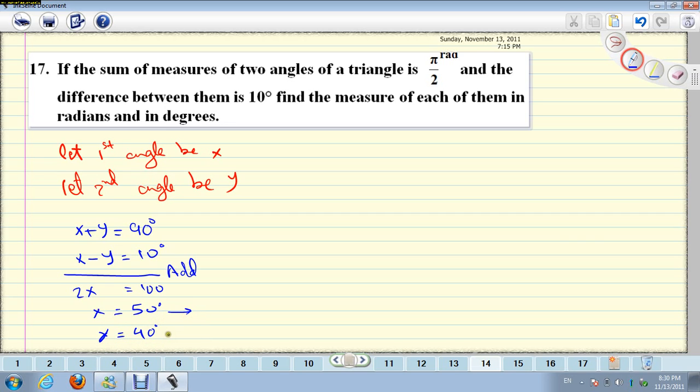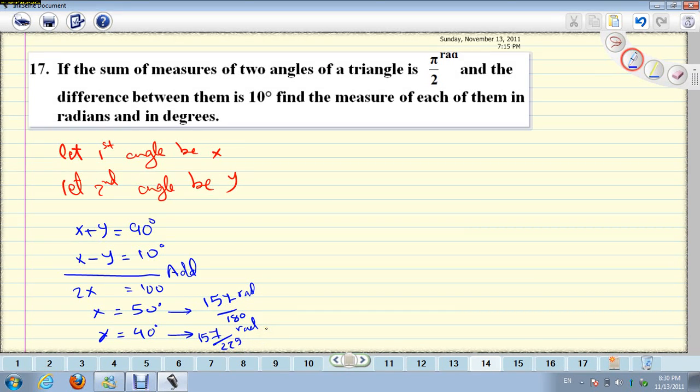Then I'm gonna convert each one of them to rad, and the answer will be, for 50 degrees, 157 over 180 rad, and for 40 it's 157 over 225 rad.